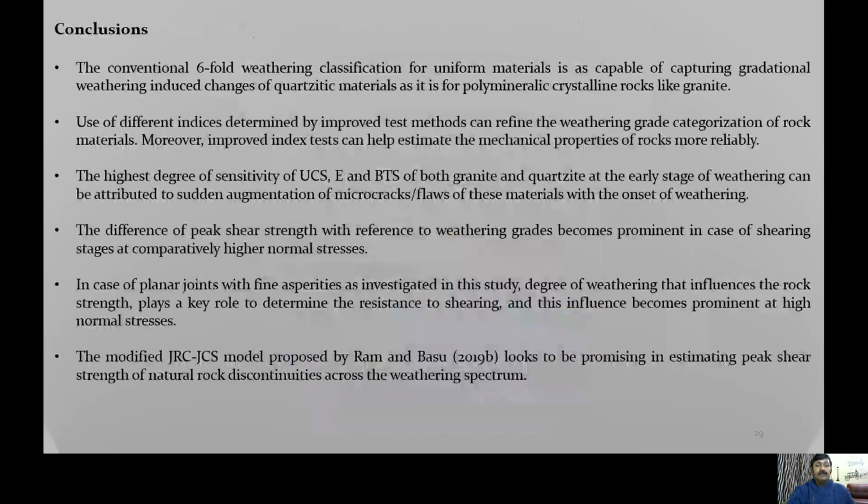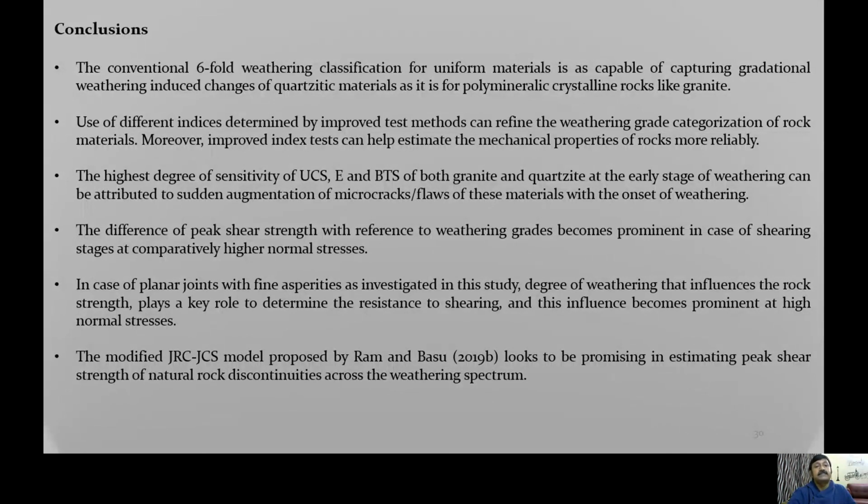So coming to the salient conclusions. The conventional six-fold weathering classification for uniform materials is as capable of capturing gradational weathering-induced changes of quartzitic materials as it is for polymineralic crystalline rocks like granite. Use of different indices determined by improved test methods can refine the weathering rate categorization of rock materials.